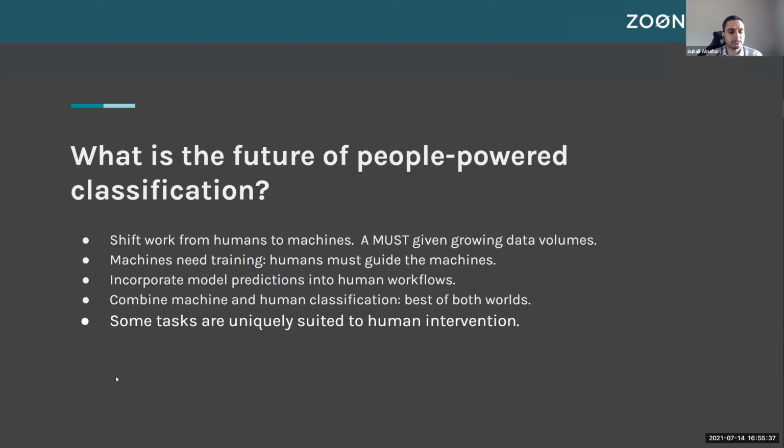And we would also need to combine machine and human classification. And we need to point out that some tasks are just uniquely suited to human intervention because they are rare and can't really be modeled by the few data samples that we can get.